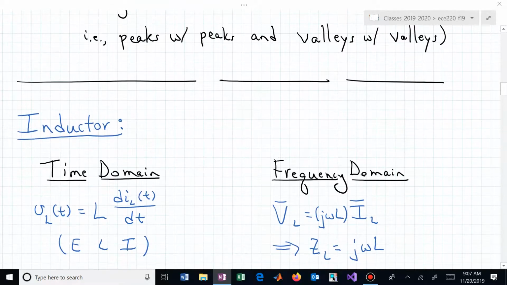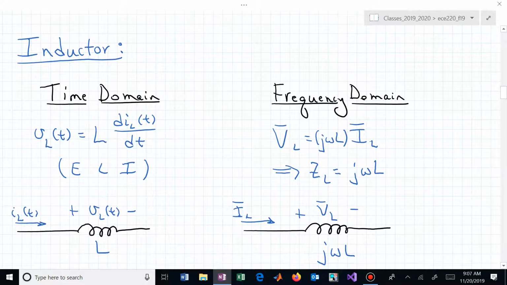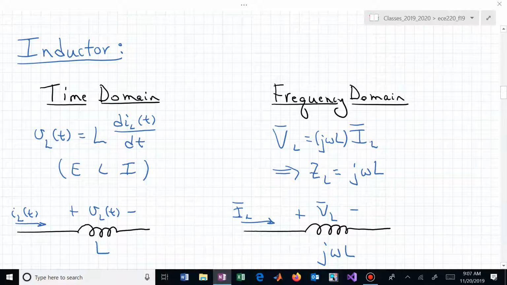That gets a little bit more involved when you talk about the inductor, because now we have a differential relationship between our voltage and current.